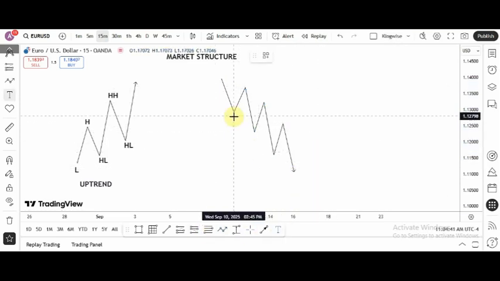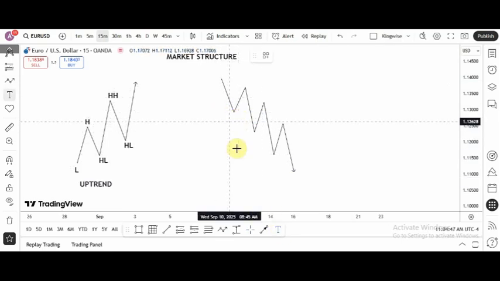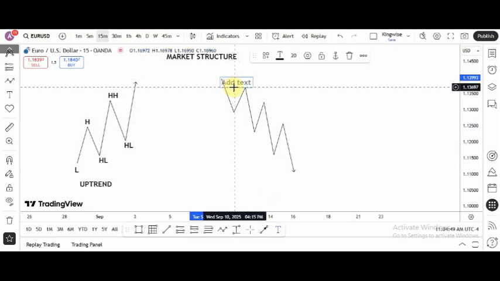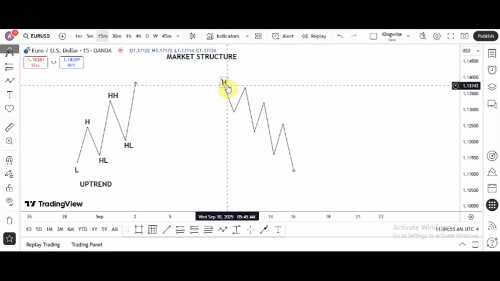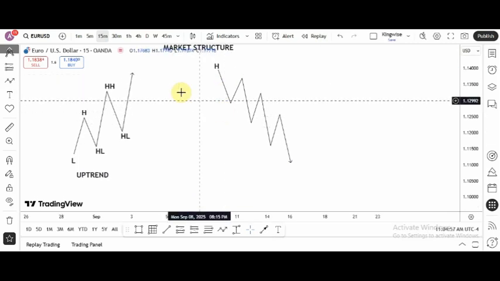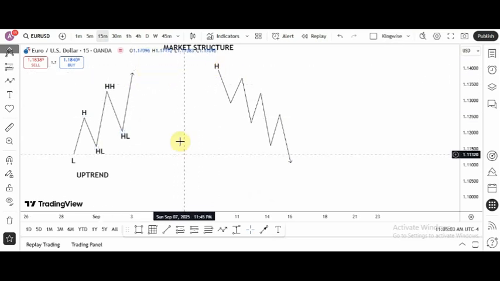Now this is your high. Take for instance, this is where price was, and we call this a higher high, right? So this is your high, and now what happened?